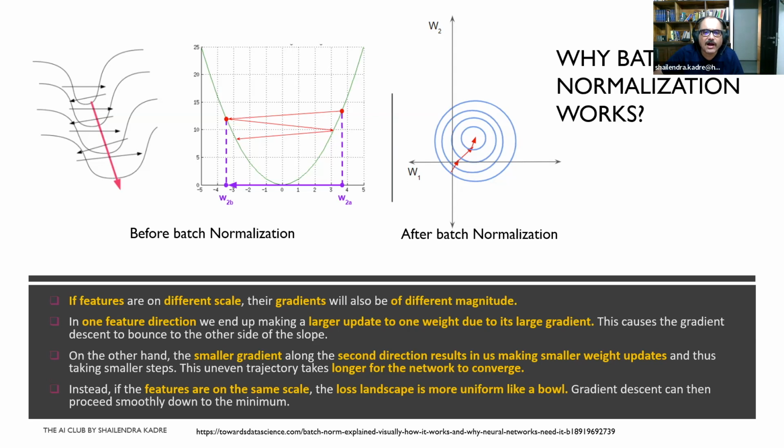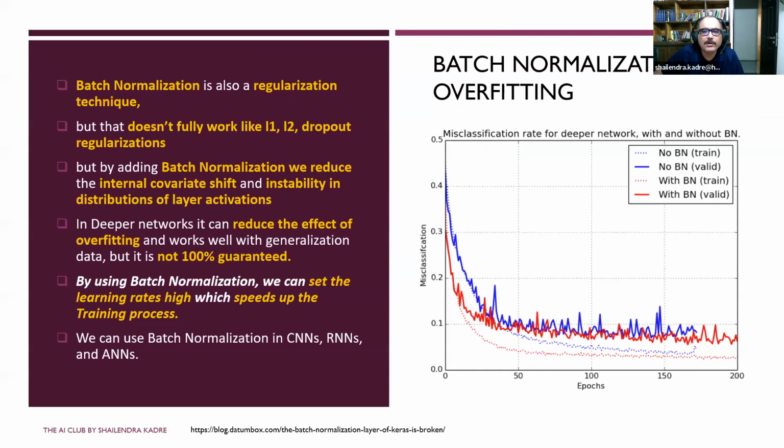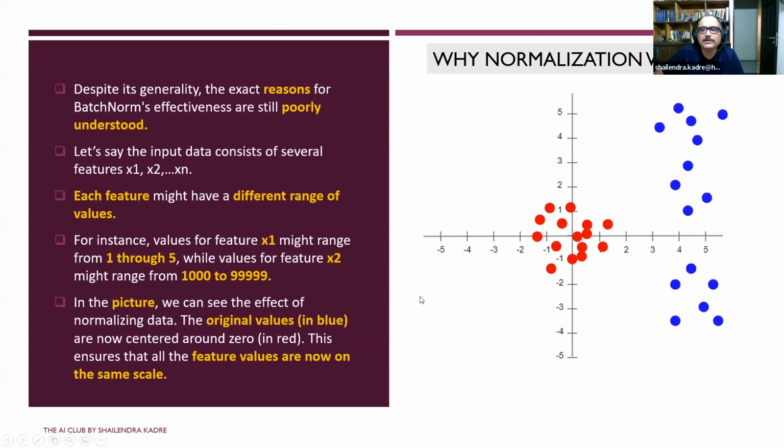I'll give you one graph here. See this graph. There are two features: one feature is plotted along the x-axis and one along the y-axis. These blue dots are the two clusters.